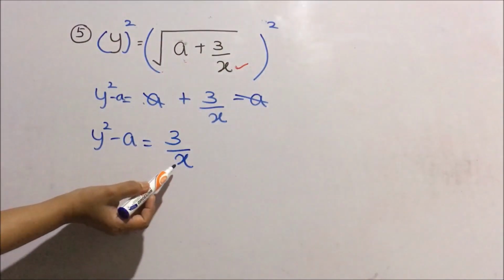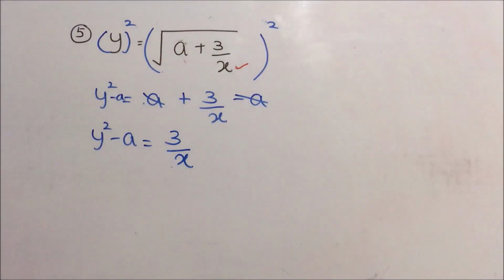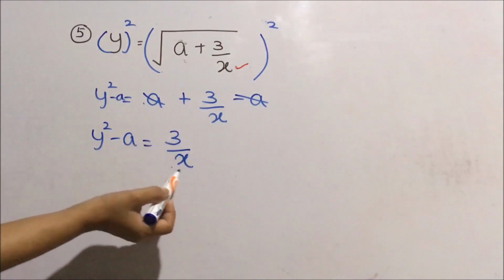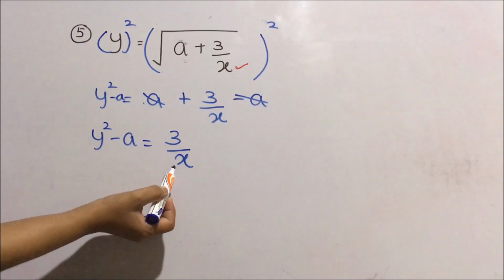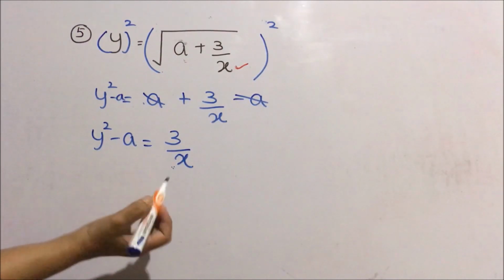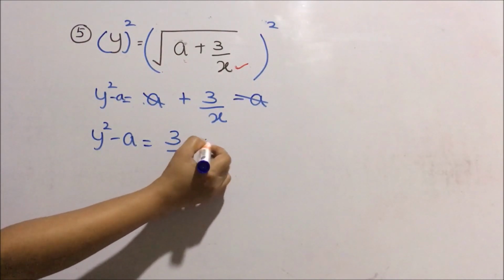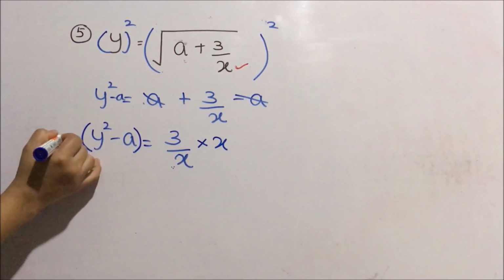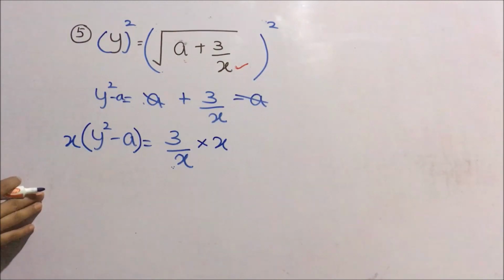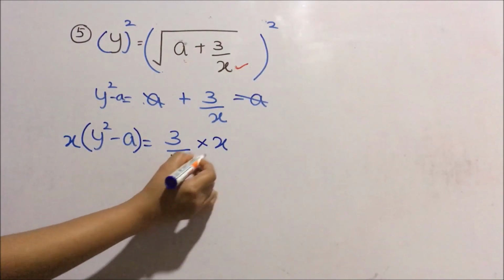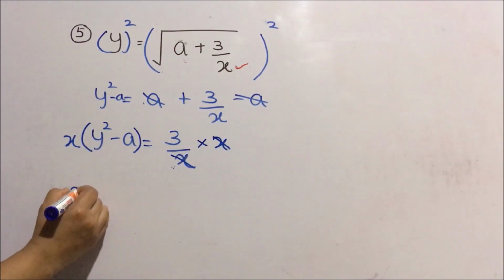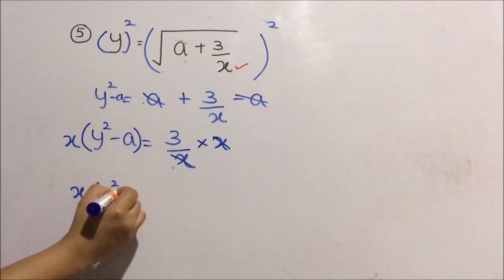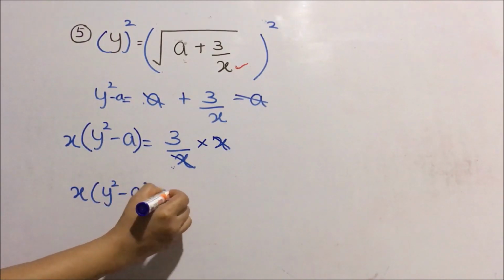Now we are going to make x the subject of this formula, but here in this fraction x is on the denominator. To get rid of this fraction, I am going to multiply both sides by x. Here this whole expression is multiplied by x. Then x cancels, and x times (y squared minus a) equals 3.